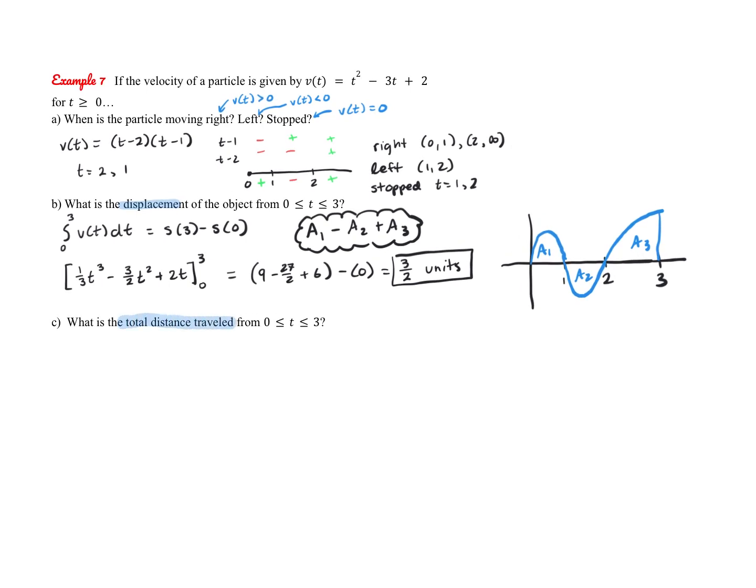We really need to make sure to address this A2. So again, when we're finding that total distance, it's going to be the integral from 0 to 3 of the absolute value of v of t dt. So the way we can achieve that, we can kind of split it up into 3 parts. So we know it's from 0 to 1. That's one of our segments.